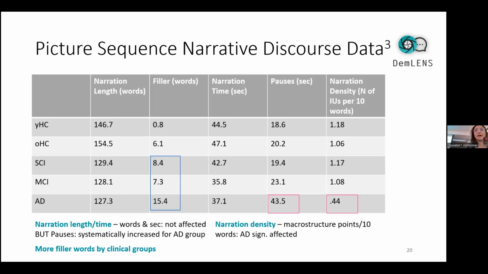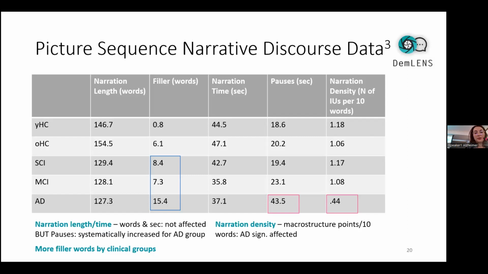However, if we look at how many of those words were filler words, we find that they increase significantly as we move on through the 3 clinical groups. And also when we're looking at the pauses, we see that AD speakers take a lot of time to actually plan out their next sentence, next utterance.